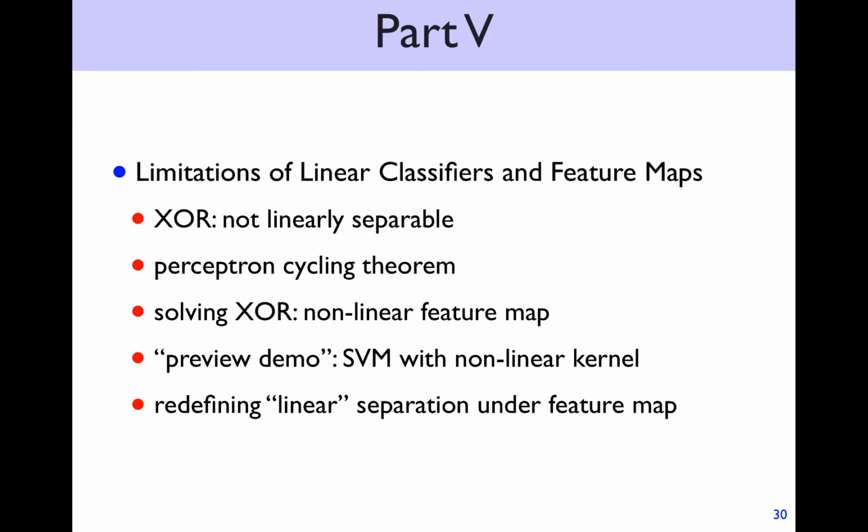The simplest way of adding nonlinearity is to introduce a feature map, which maps input from low dimensions to higher dimensions using some nonlinear functions, and in the higher dimensions, the dataset becomes separable, and you can map back down to lower dimensions. Eventually, you have to redefine what is linear separation under a feature map.